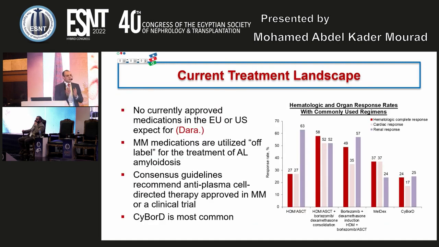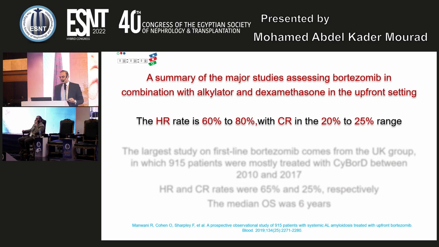What about the approved treatments for AL amyloidosis? Till now, in Europe and the US, there is no approved treatment for AL amyloidosis except for daratumumab. Daratumumab is a monoclonal antibody targeting CD38, which is the surface marker on the plasma cells. Other types of treatment are off-label, and the most commonly used one is CyBorD, which is cyclophosphamide, bortezomib, and dexamethasone.